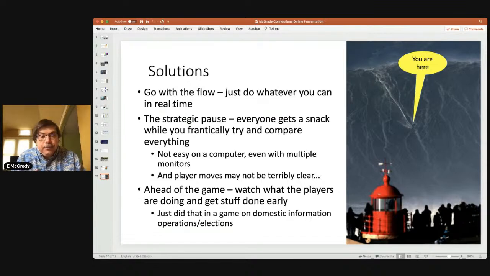I just did that, for example, in a domestic information operations and elections game where I would kind of get an idea of what the players' actions were going to be. I would try to get those adjudications done ahead of time, and it allowed me to cut my adjudication time down by about a factor of 2 or 3, which was really helpful. So there are tricks that you can do to try to work around some of these things.